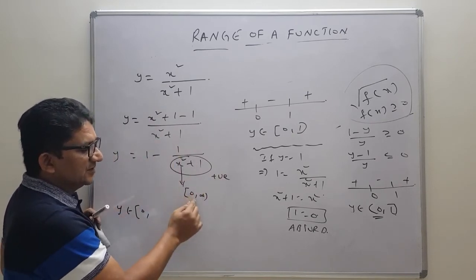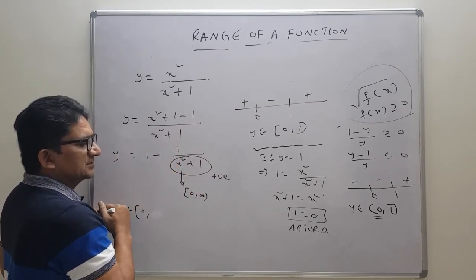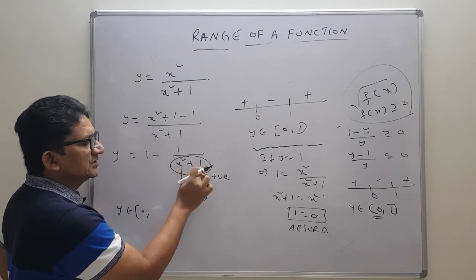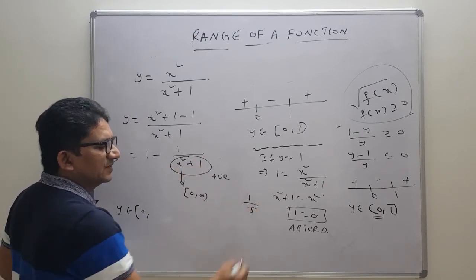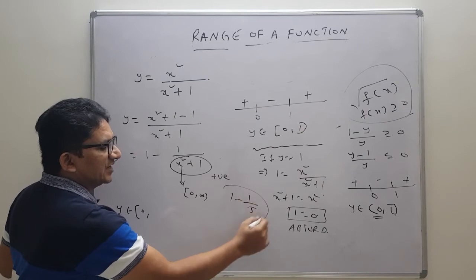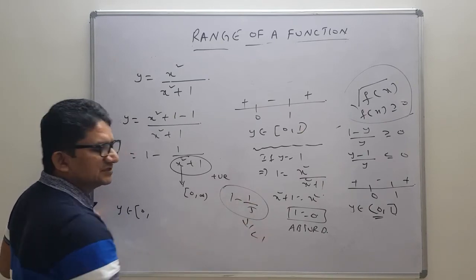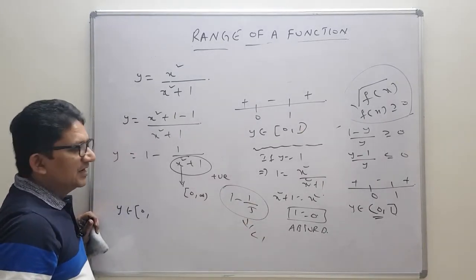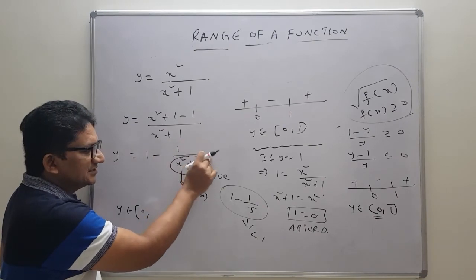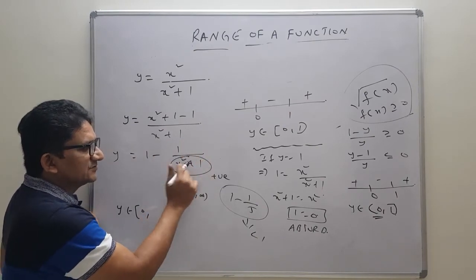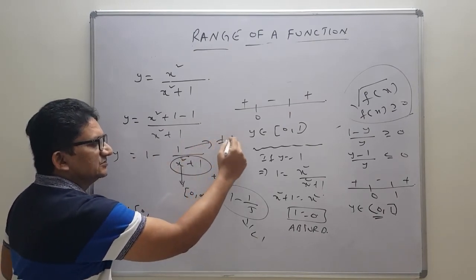Next, you keep any value, 2, 3, 4, 5, anything. For example, if I keep x equals 2, then 2 square is 4, plus 1 is 5, we will get 1 by 5. So 1 minus 1 by 5 gives a value which is always less than 1. And 1 by x square plus 1 cannot be equal to 0.